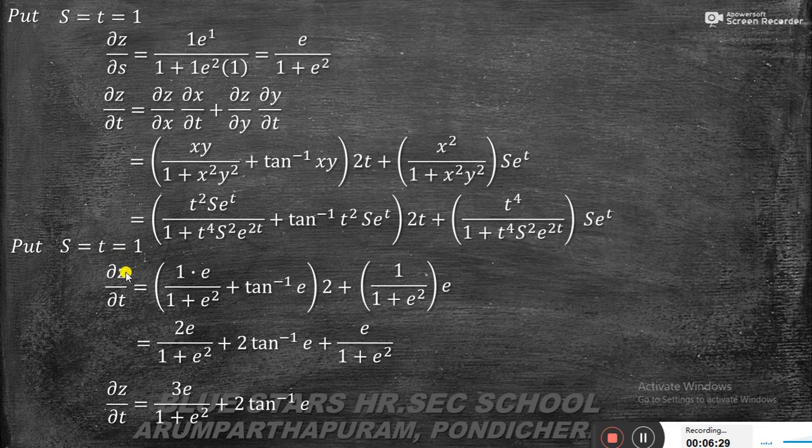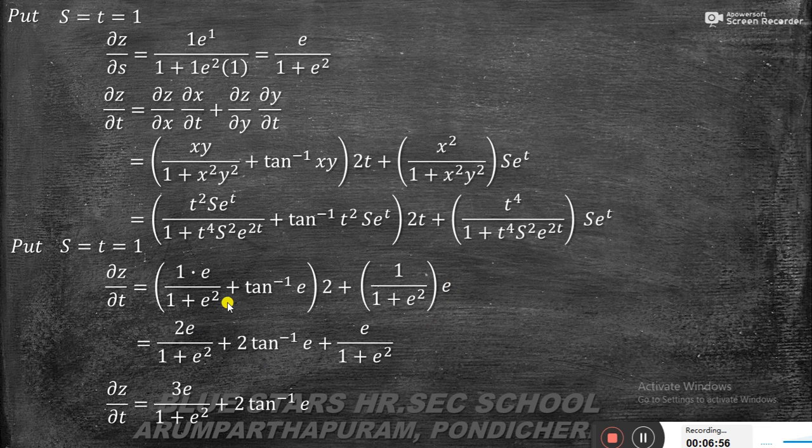So ∂z/∂t: at the point I substitute s = t = 1. So e¹ into 1 + e² plus tan⁻¹(e) into 2, plus 1 by 1 plus 1, here ts is 1, so e² into e.